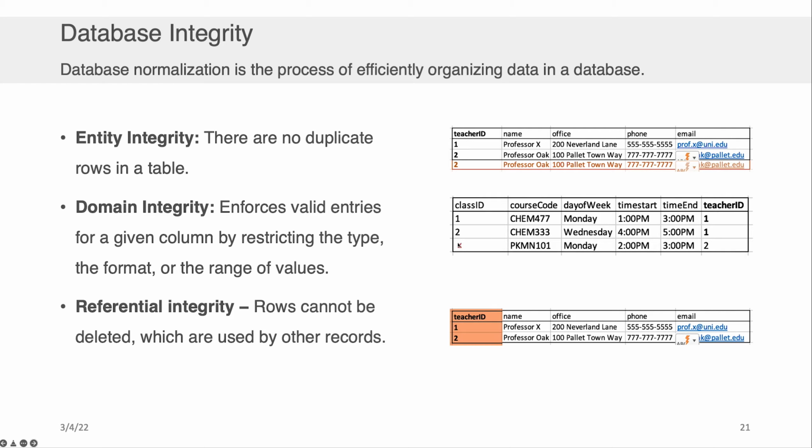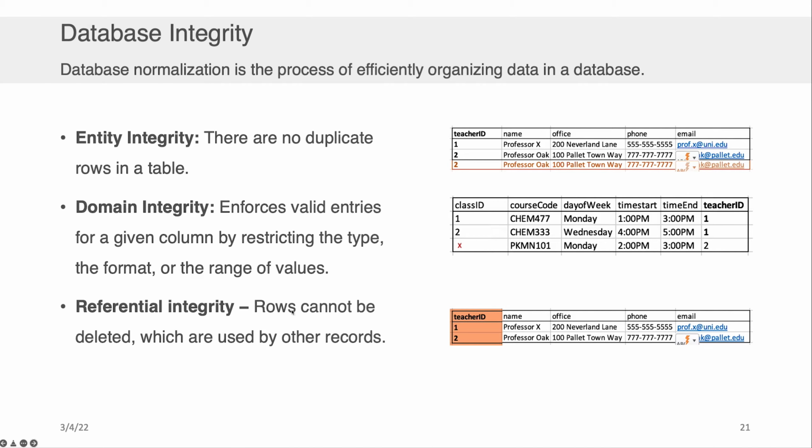You could make everything a character, and then you could have IDs that are 1, 2, X, A, B, C, D, E, F, G. Although that would technically satisfy domain integrity, in spirit it wouldn't. So try to design your databases by being thoughtful of the types you assign and respecting those types as you deal with them. Okay, the last one is called referential integrity.